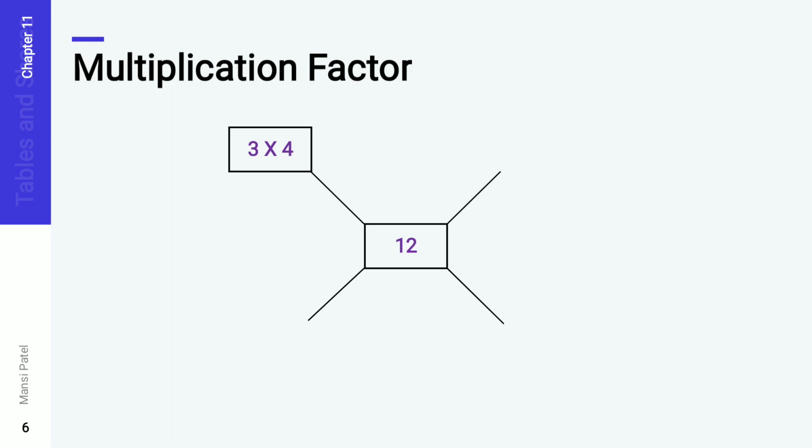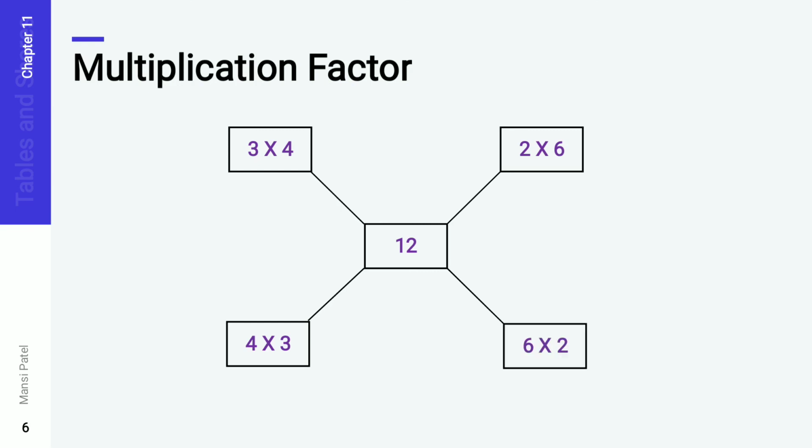Another one says that 4 3s are 12. You can see that if I am asking you in how many tables number 12 is coming, then both of these are right. We can say that 3 4s are 12 as well as we can say that 4 3s are 12. In another way we can say that 2 6s are 12, or we can say that 6 2s are 12.